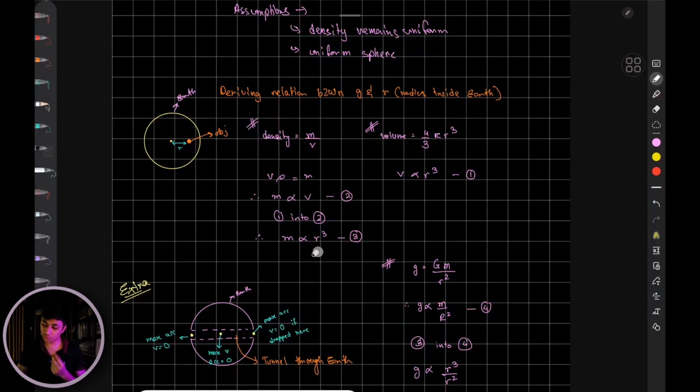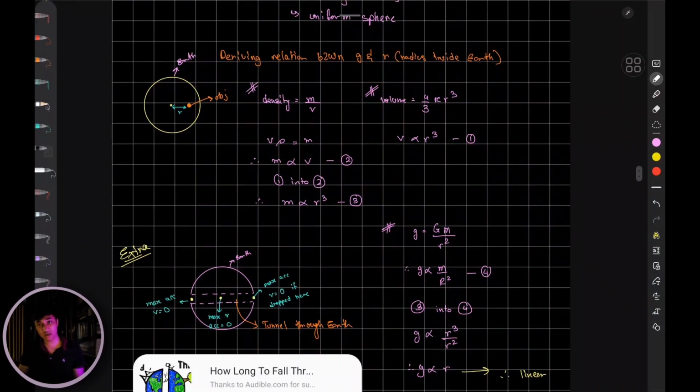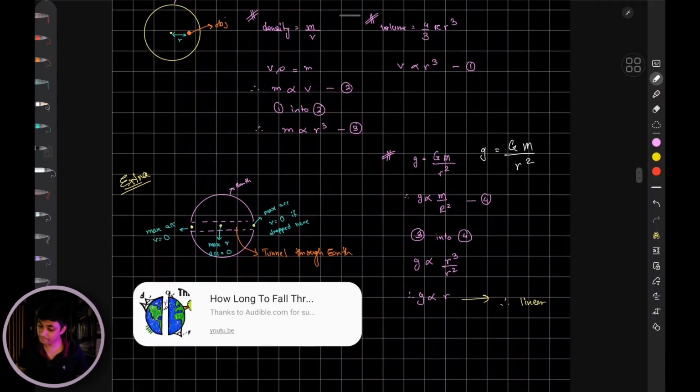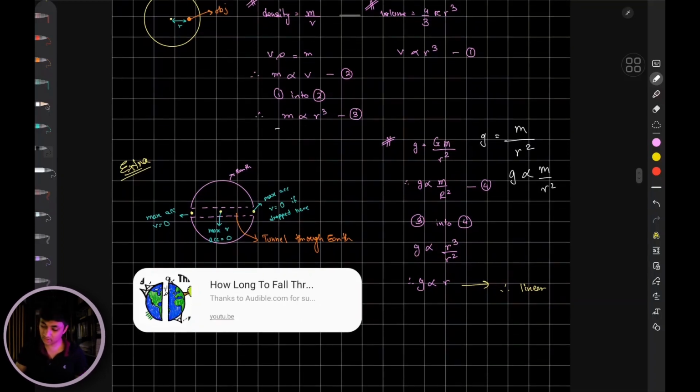And what we are going to do with this is, another formula that we derived in this video, that is gravitational field strength is GM by R square. And you can omit the constant, that is G, and you can say g is proportional to M by R square, right? Great. So now you can bring in this proportionality over here and substitute in the place of M. What you're going to have is g is proportional to R cube divided by R square.